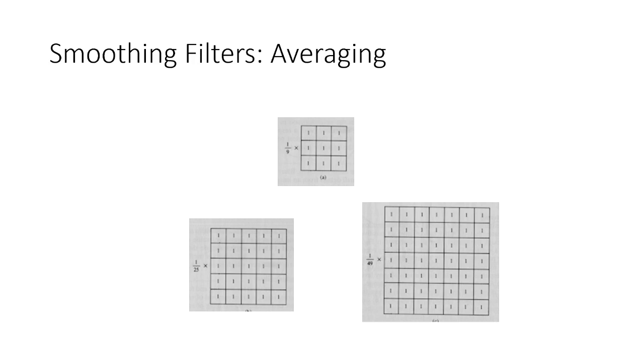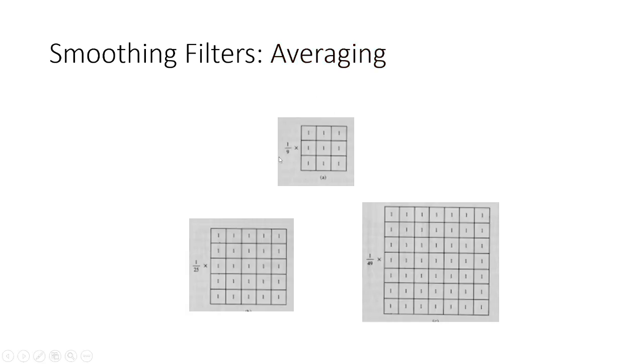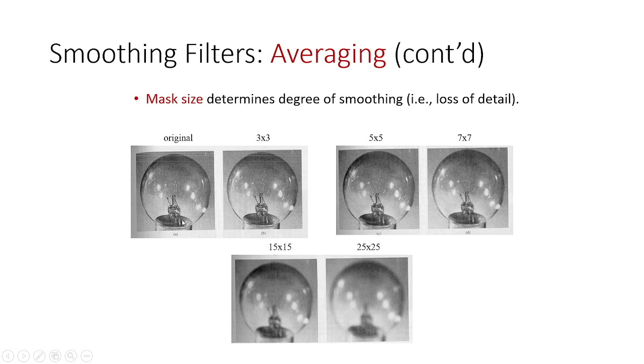Okay, so the averaging smoothing filter is, for a 3 by 3, 1/9 of it. And this is 1/25 or 1/49, because it's always odd numbers. Averaging is done on each pixel. The mask values are multiplied by 1/9 and applied to every pixel. If 3 by 3 is applied, the image would be like this, and see 5 by 5 applied. The larger the size, the blurrier the image you get.